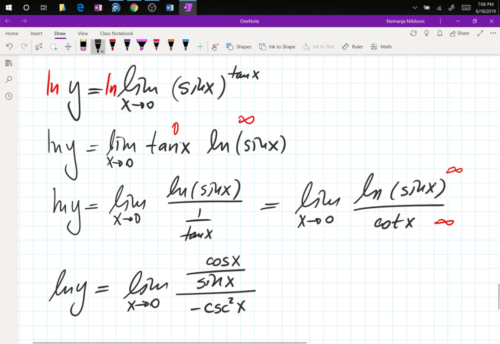Good. So now we have some trig identities to shovel around. This is limit x goes to 0 of cosine x over sine x, negative 1 over sine squared x.